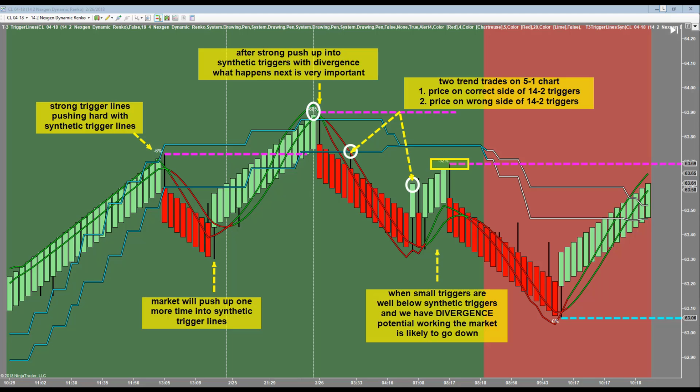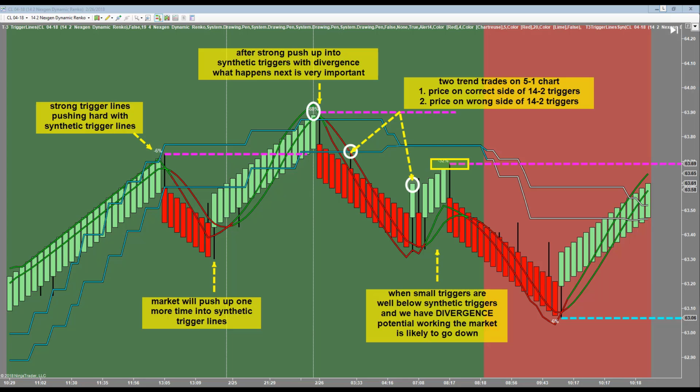Now, same way we looked at on the 5-1 chart, what happens at the synthetic trigger lines once reached is very important. So we're going to introduce an additional indicator, which you remember as our T3 divergence potential. If that push back into the synthetic triggers also has divergence, you have a high probability of a reversal in the market.